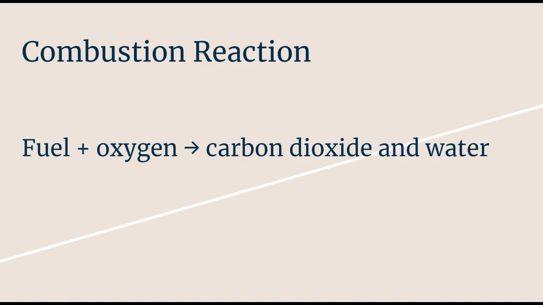So we call that reaction a combustion reaction. It could be any type of fuel that we're burning. In order for anything to burn, it always requires oxygen. And as a product, we have carbon dioxide and water.